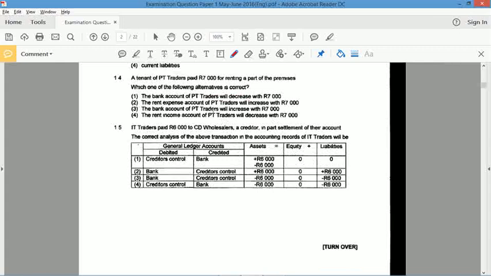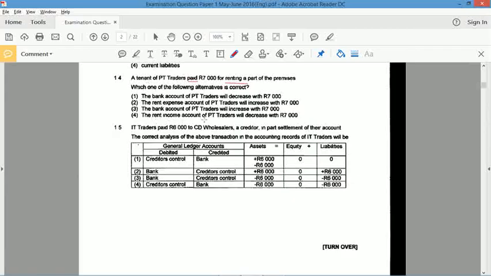A tenant of PT paid 7,000 for renting a part of the premises. Which of the following alternatives is correct? Okay, so they paid, meaning PT would have received 7,000 for rent. We're renting out the building, so it's rent income.